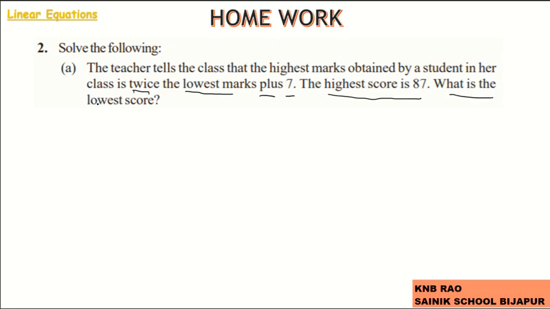What is the lowest score? Students, while solving such application based questions, you need to identify what is unknown and assume it with a variable. Here, what is the lowest score clearly tells that lowest score is the unknown.